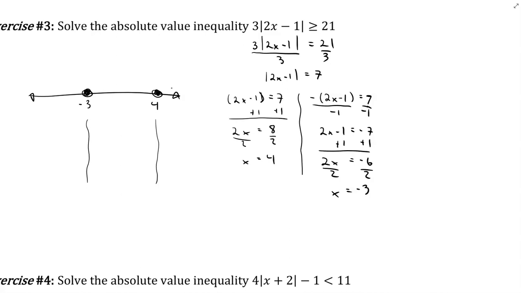So for the leftmost section, I'll test x equals -4, because that is a number that is to the left of -3. So we'll plug that into our original problem. So first, we'll multiply the 2 and the -4 to give us -8.